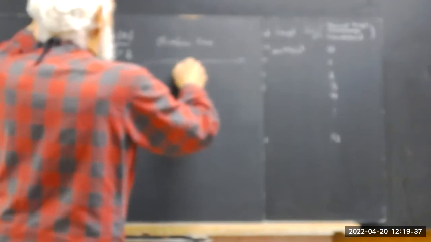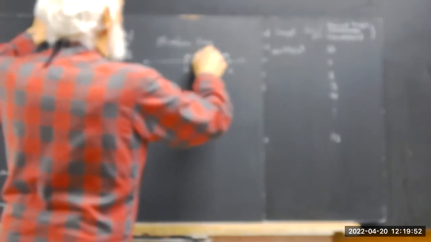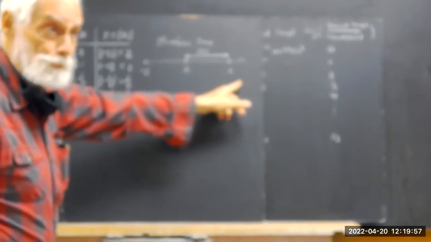On the number line, now this is not a graph, this is just a single axis. I've got 0 here and 2 out here and -2 here. The absolute value of 2 is this distance. It's how far it is between 0 and 2.